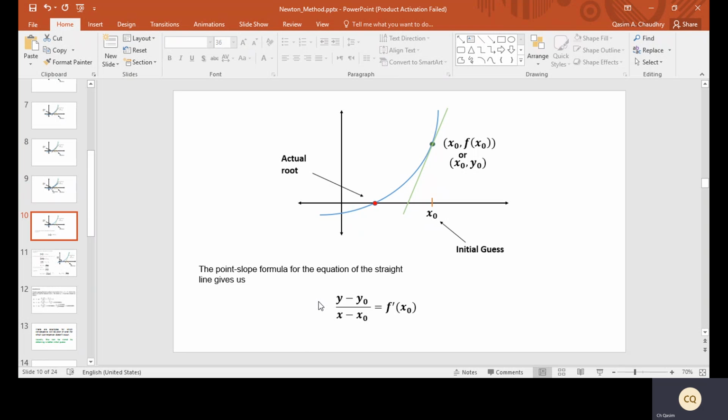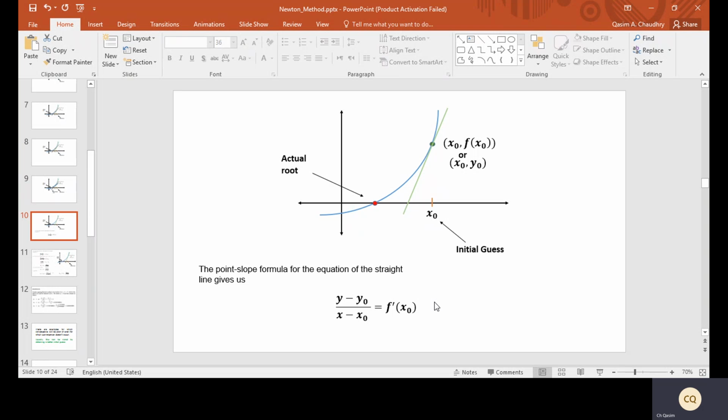And that was basically your slope. See, if you simply take this x minus x naught to the other side, this becomes the general form of the equation of the straight line. Since we have 1 point given, and that is the point at which we are going to find the slope or the tangent, this is the equation.